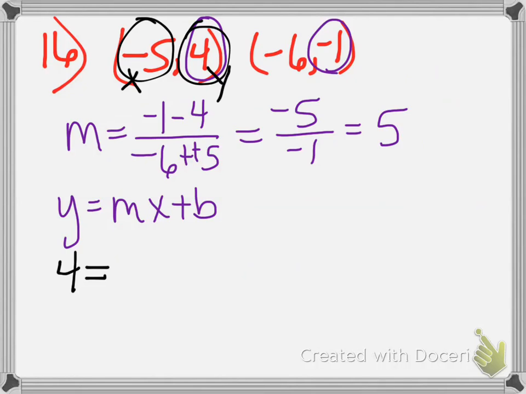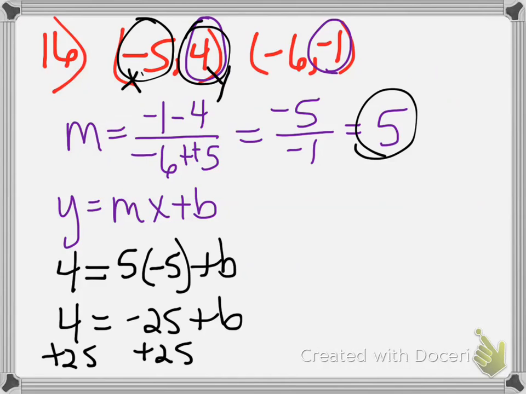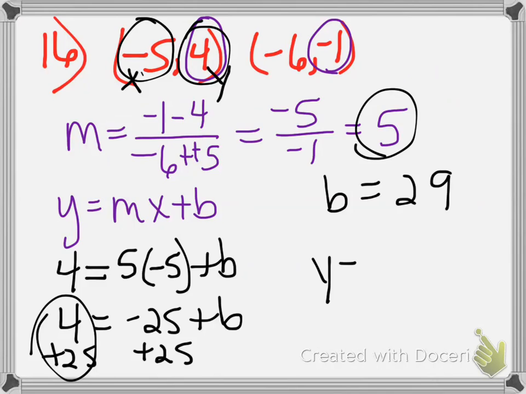So 4 equals my m, which is 5, times my x, which is negative 5, plus b. 4 equals negative 25 plus b. So to get b by itself, I'm going to add 25 on both sides, and I get that b is 29. So, to put this all together, my equation is y equals 5x plus 29.